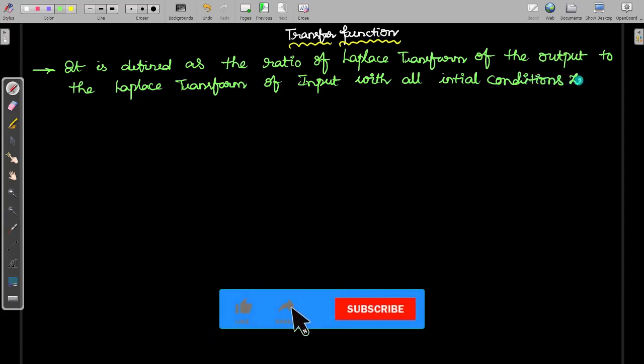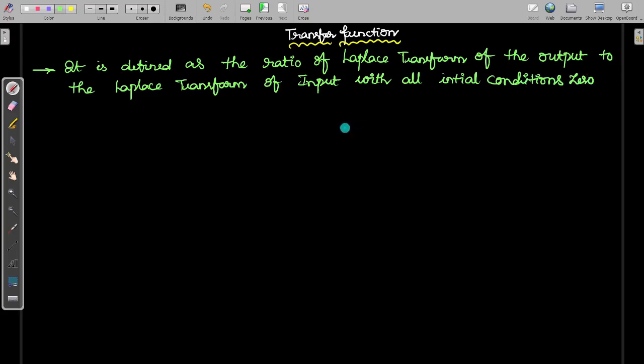That is the assumption we are making. So while taking the Laplace transform, we are going to assume that all the initial conditions are 0. That is defined as the transfer function.